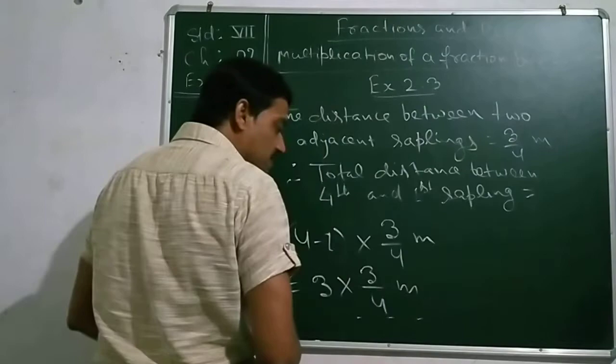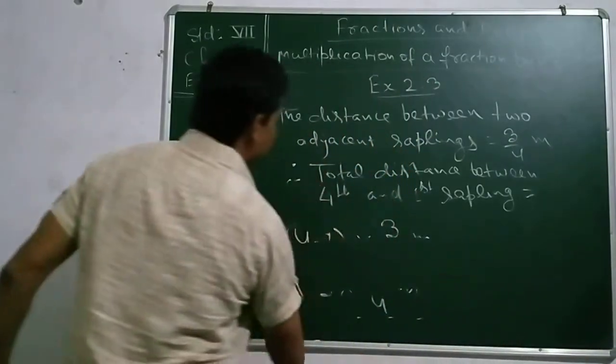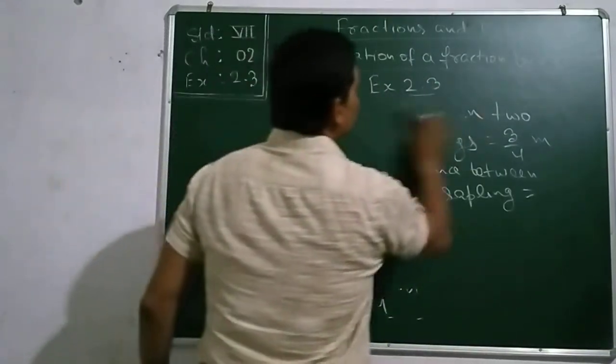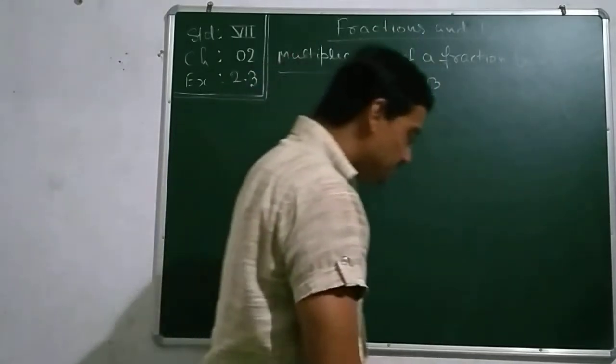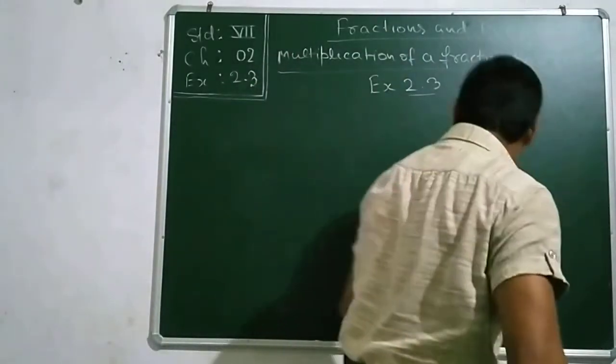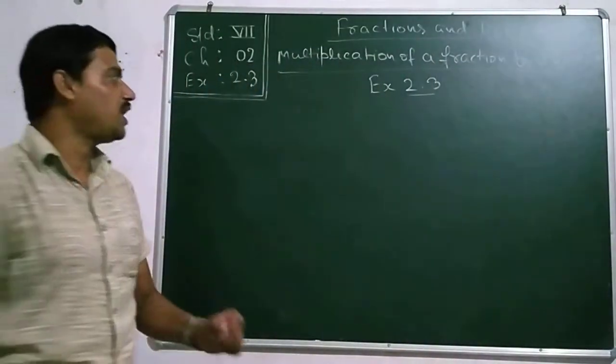In the 6th number sum, Lipika is reading the book daily for 1 whole 3 by 4 hours.